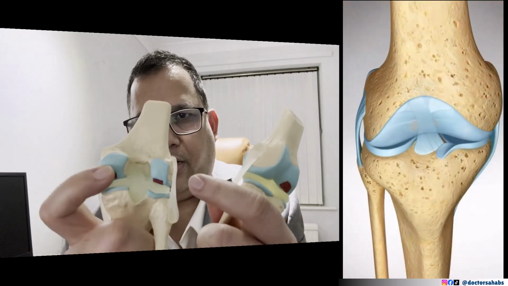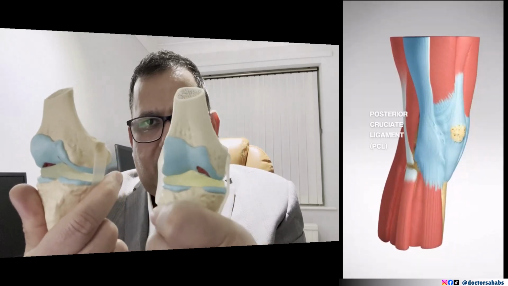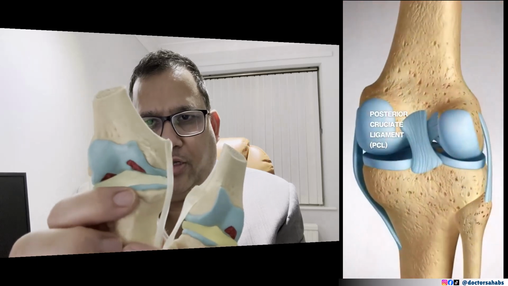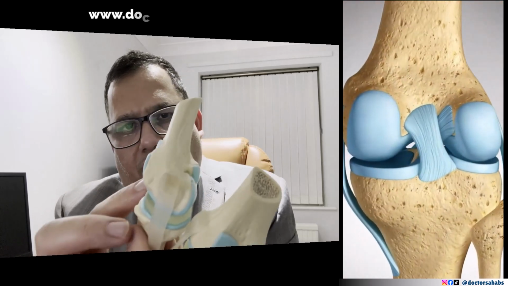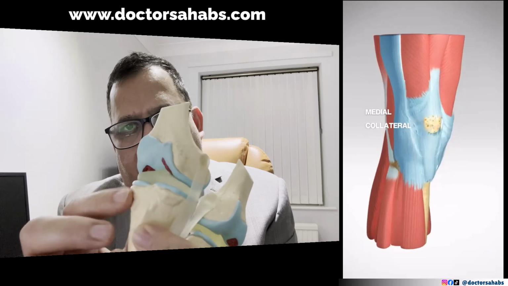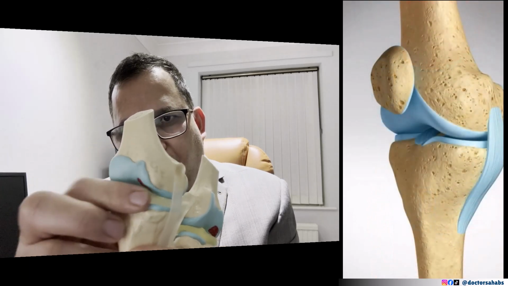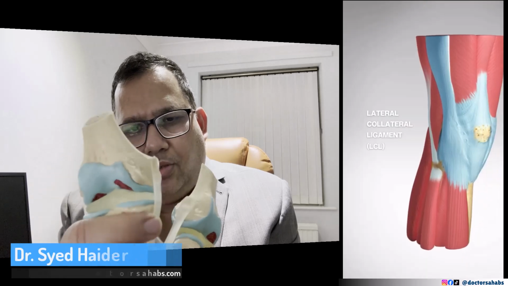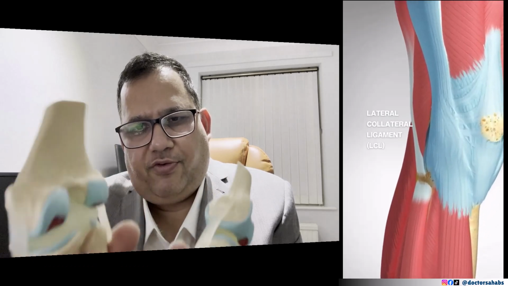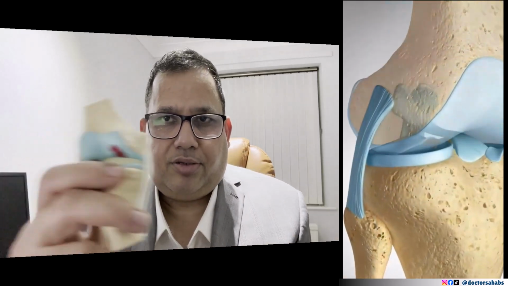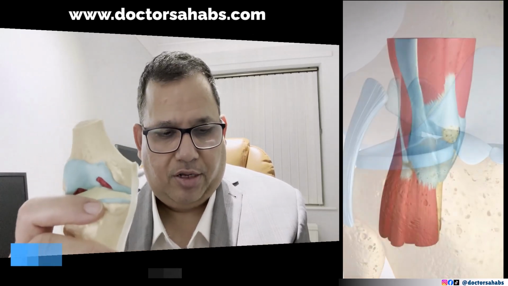You see the thickness of the bone, sclerosis, and osteophytes are developing inside the joint as well.